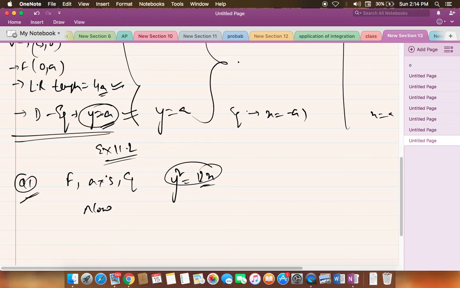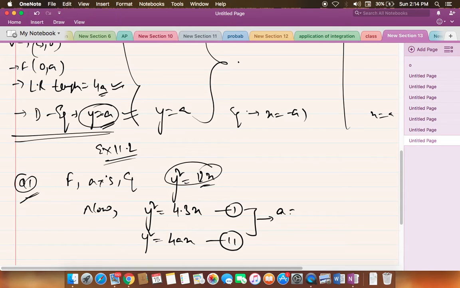Now this equation can be written as y square is equals to 4 into 3 into x. Clear? Name this equation 1 and then write y square is equals to 4ax. Name this equation 2. Comparing 1 and 2 we get a is equals to 3.